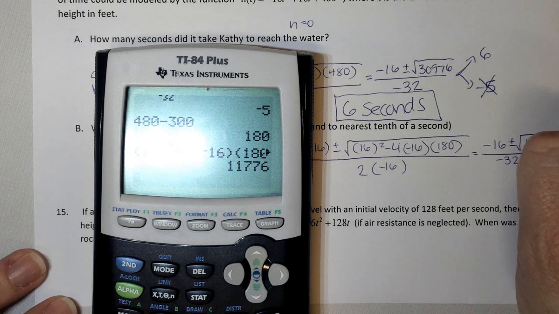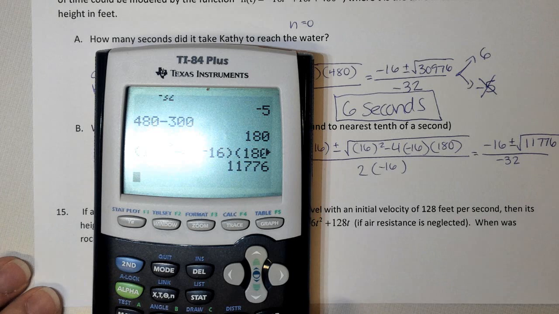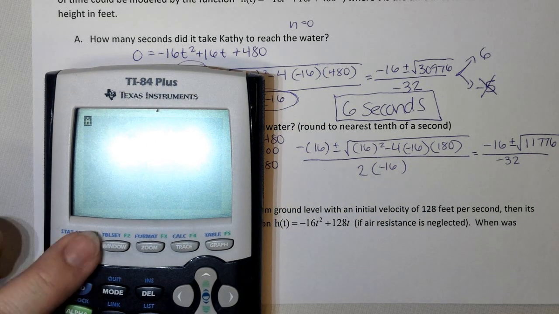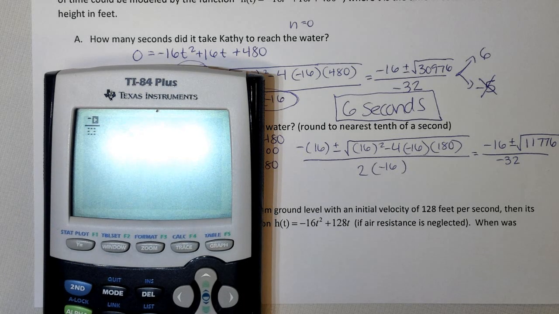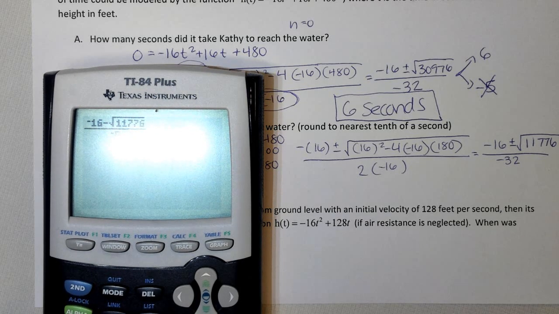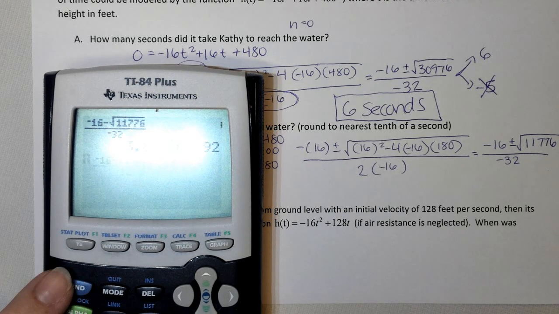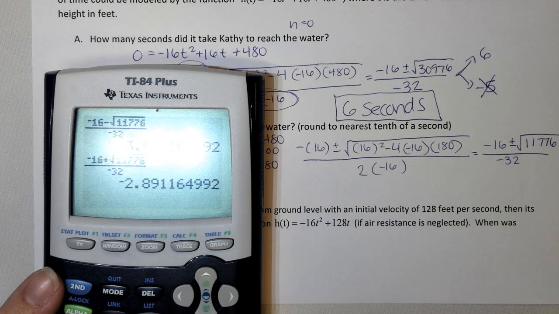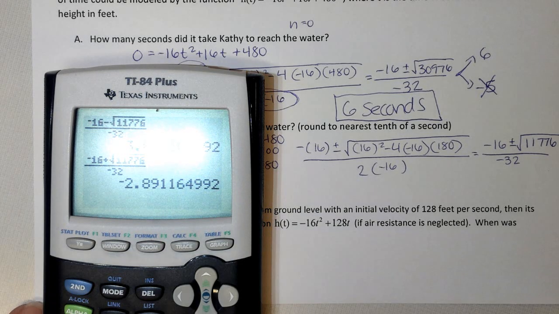We get 11,776. So again, now you're going to type it once with a plus, once with a minus. So negative 16 minus, and once with a plus. So I get a negative answer and a positive answer.